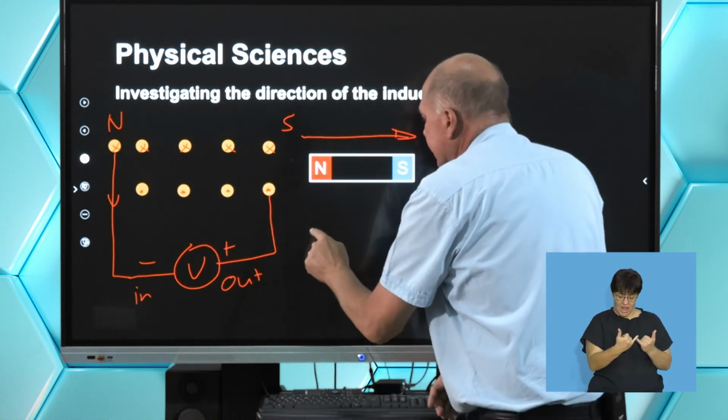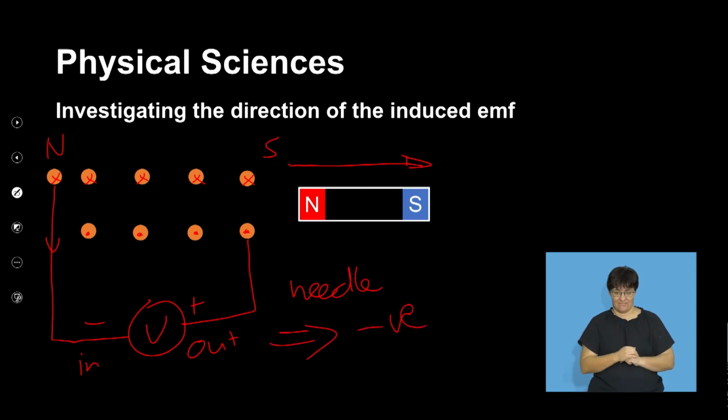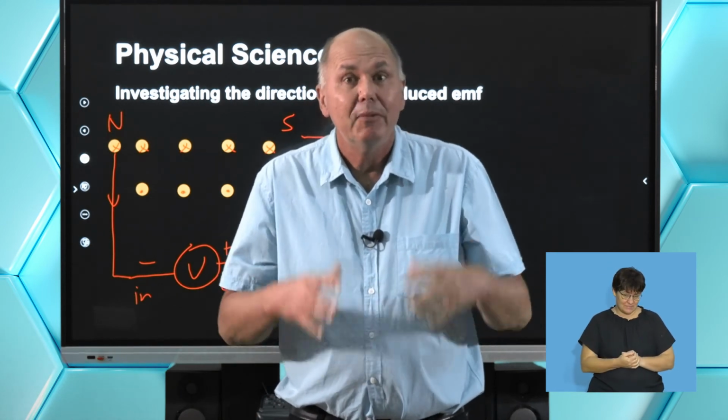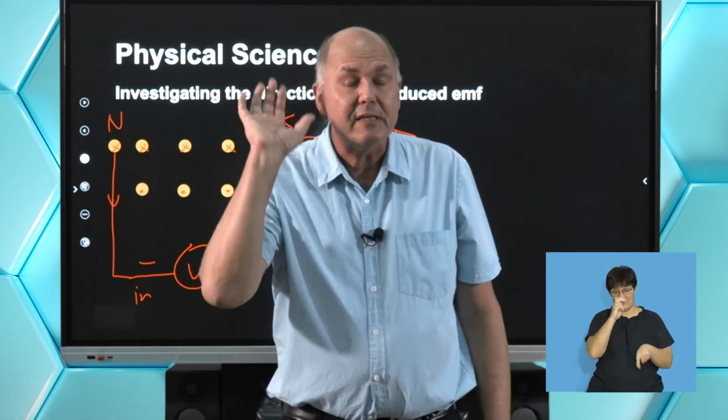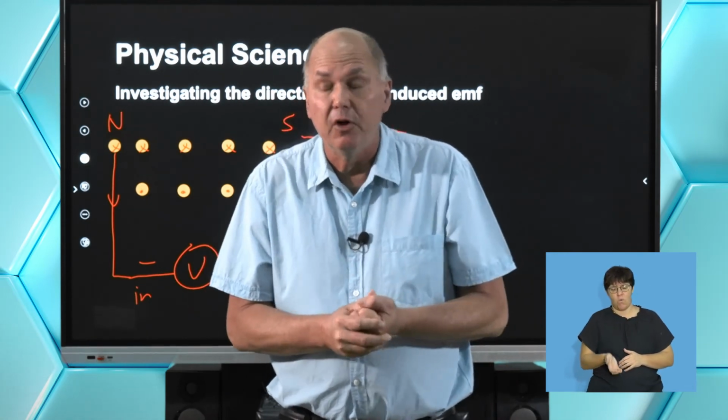So in this case, the needle will be deflected to the negative, will go negative. Okay. So guys, there are multiple combinations of this type of question that they can ask you in a test or an exam. Please just practice. Use the simple, clear thinking that we've established and make sure that you've learned the laws.